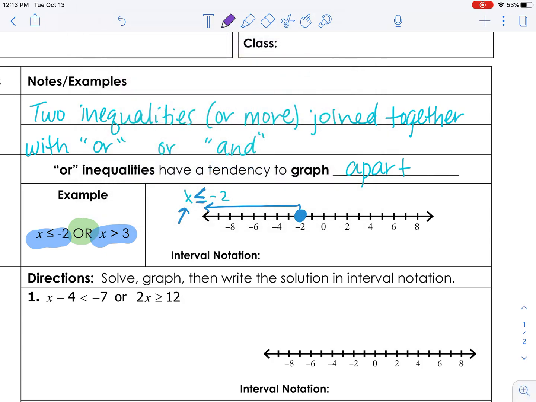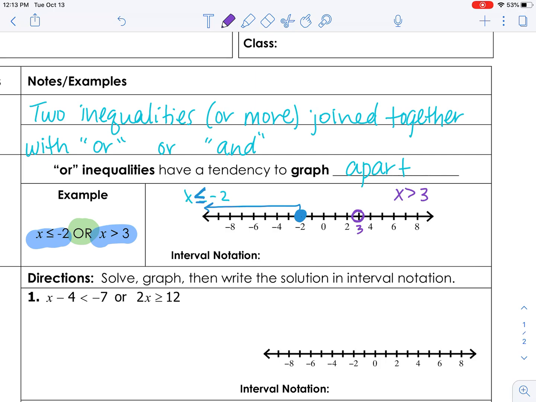The other inequality that we have is x is greater than 3. So we know we need to start at 3, and we need an open circle over 3 because we don't have or equal to underneath our inequality symbol. 3 is not labeled, but I know that 3 is between 2 and 4.